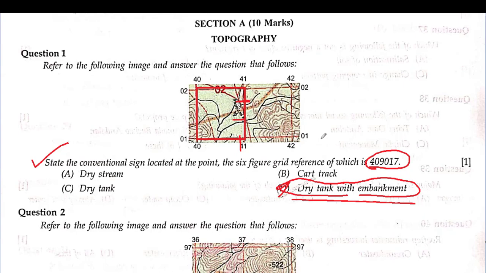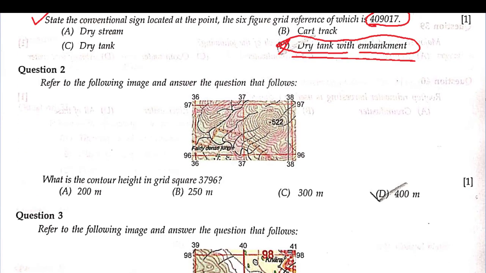Okay. Next question. What is the contour height in grid square 3096? In this grid, what is the contour height?